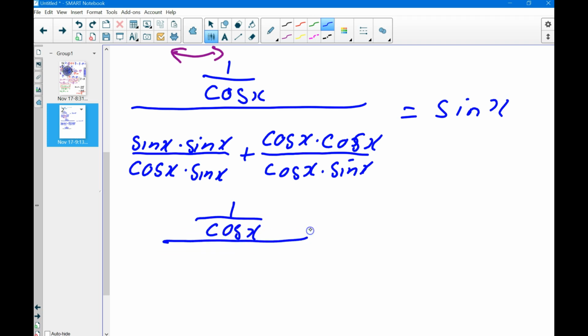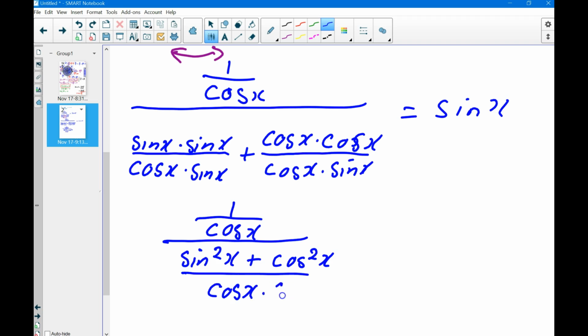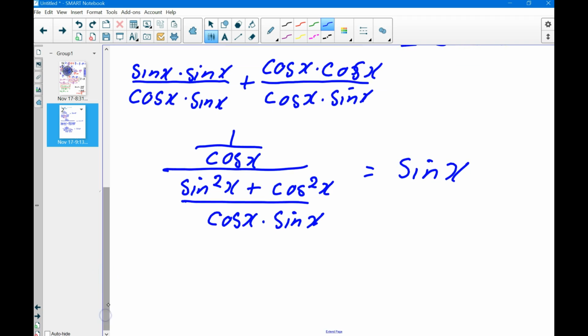On the bottom, I have sine squared plus cos squared over cos x times sine x. And that's equal to sine x. And it's just saying, no way, it's not. Well, it is, but what happens?